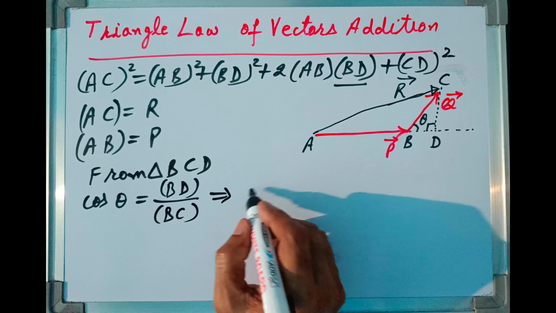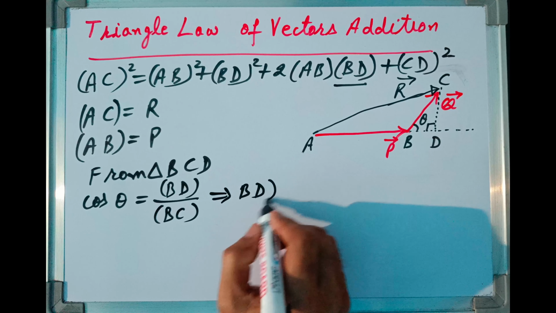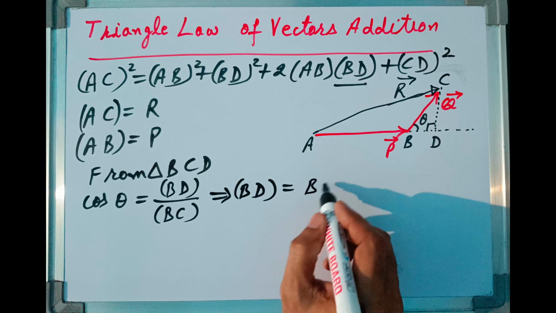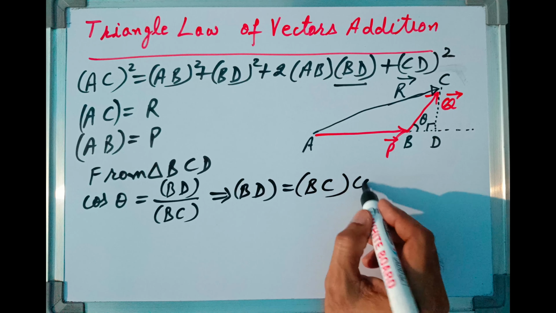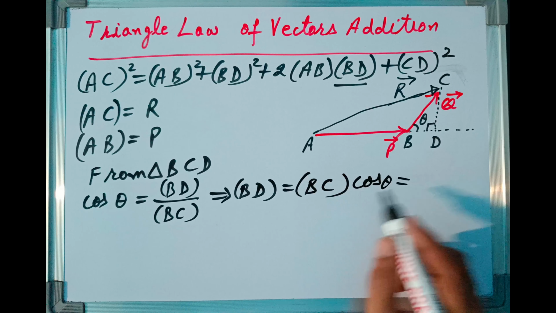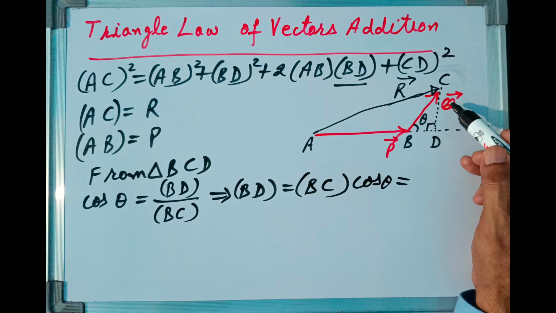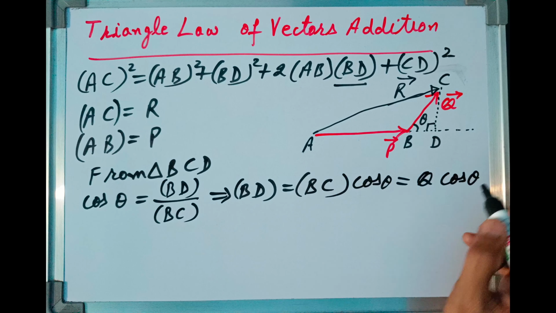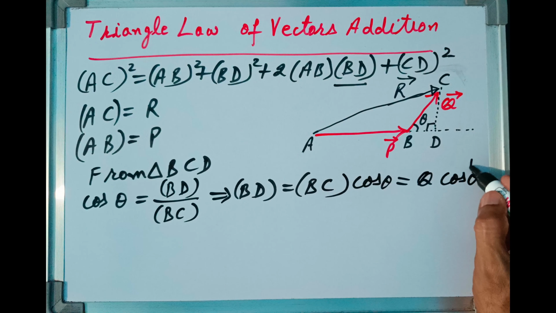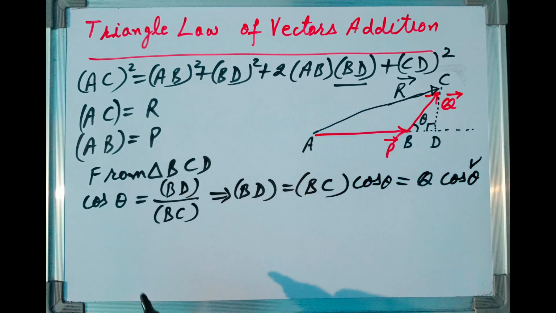So this will give us BD is equal to BC cos theta. Now what is BC? BC is magnitude of second vector, that is Q. I can replace BC by Q, and answer is Q cos theta. This is the answer for BD.